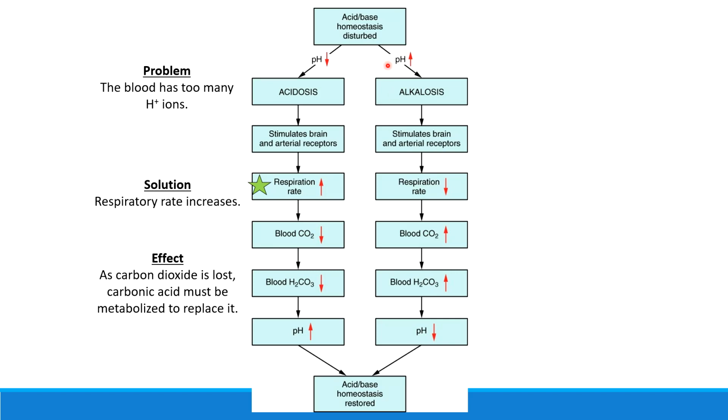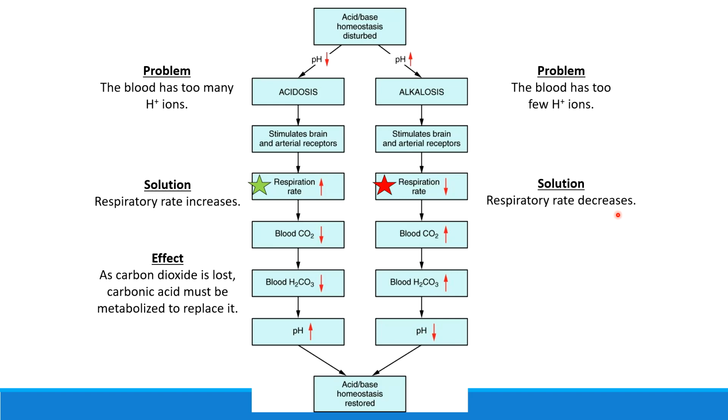Now, the opposite could happen as well. Suppose my pH is too high. Now I'm in a state of alkalosis. In alkalosis, I don't have enough hydrogen ions or enough acids in my bloodstream. Again, the same receptors in my brain or my blood vessels would detect this, but this time they're going to tell our lungs to decrease our breathing rate.